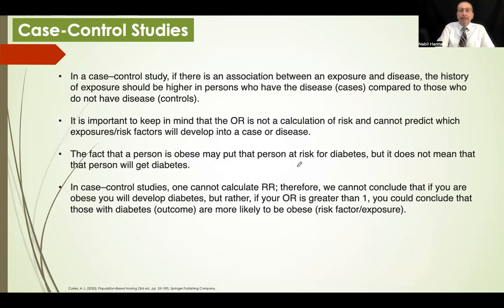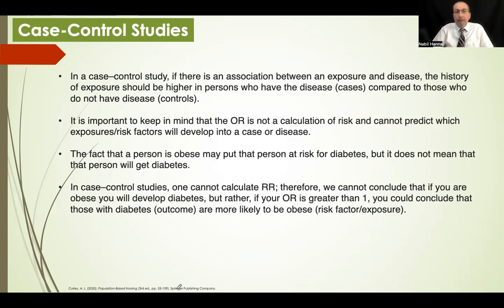So to summarize, in a case control study, if there is an association between an exposure and disease, the history of exposure should be higher in persons who have the disease compared to those who do not have the disease, the controls.